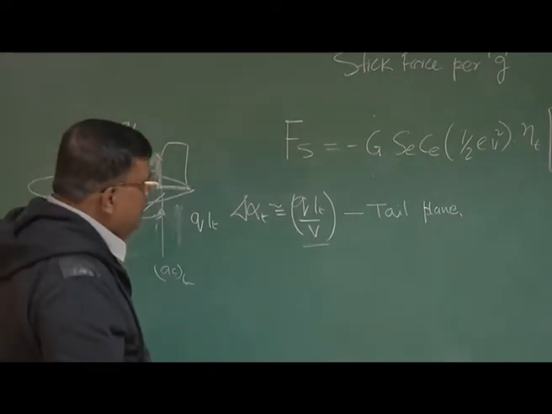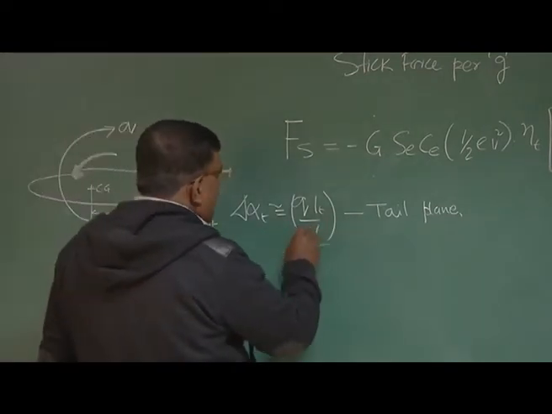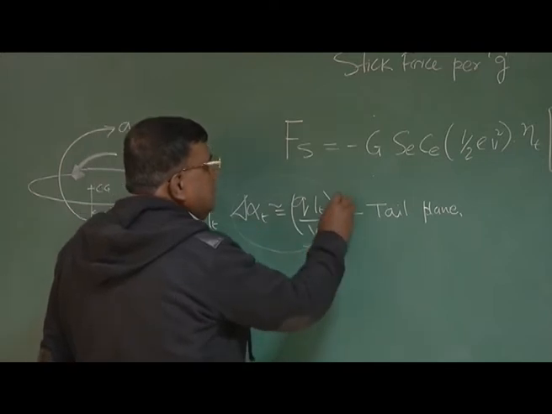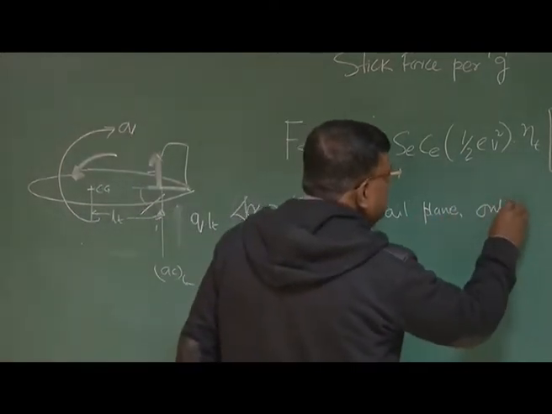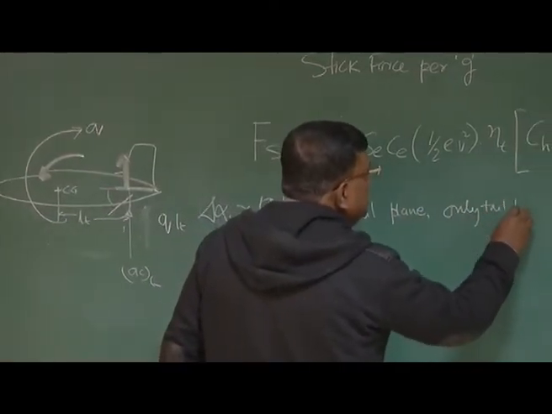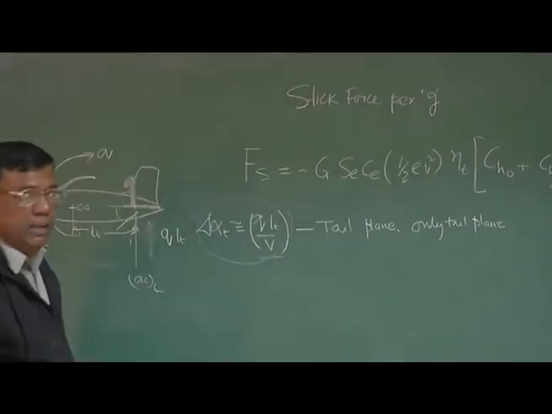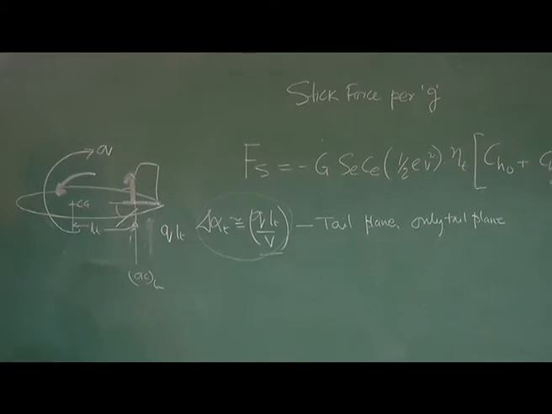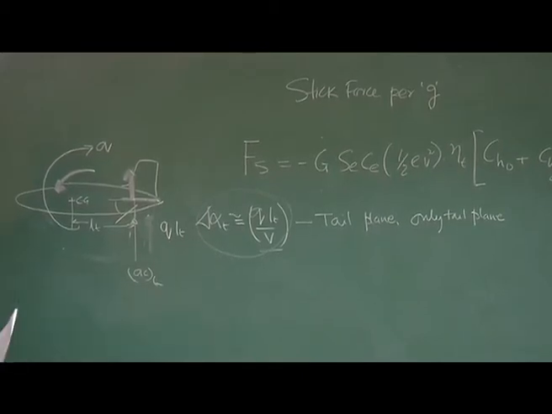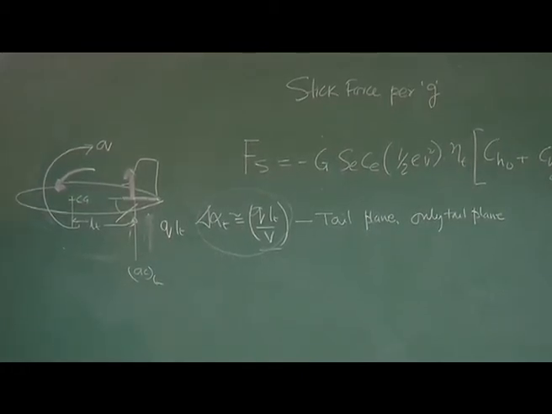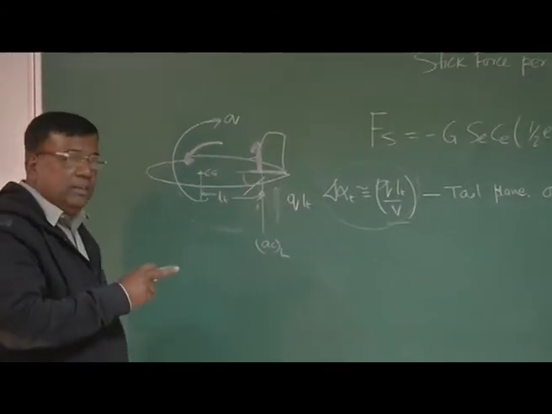What I am trying to tell you is this: tail plane angle of attack is increased by this, only tail plane. We are not multiplying by 1.1 here. When we are correcting for delta E, there we have multiplied by 1.1. I will explain that as we progress. Okay.